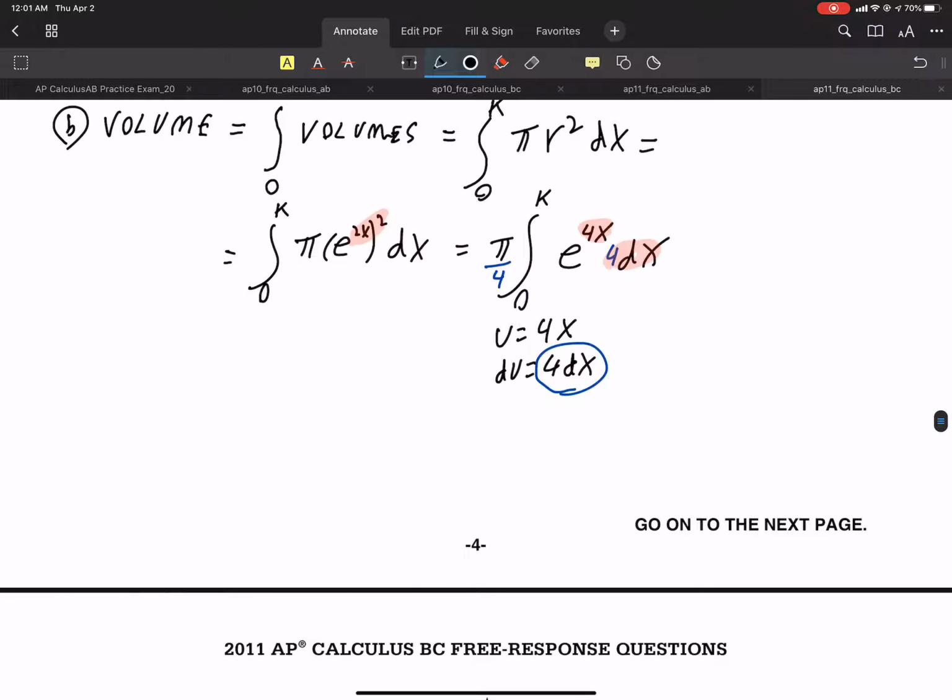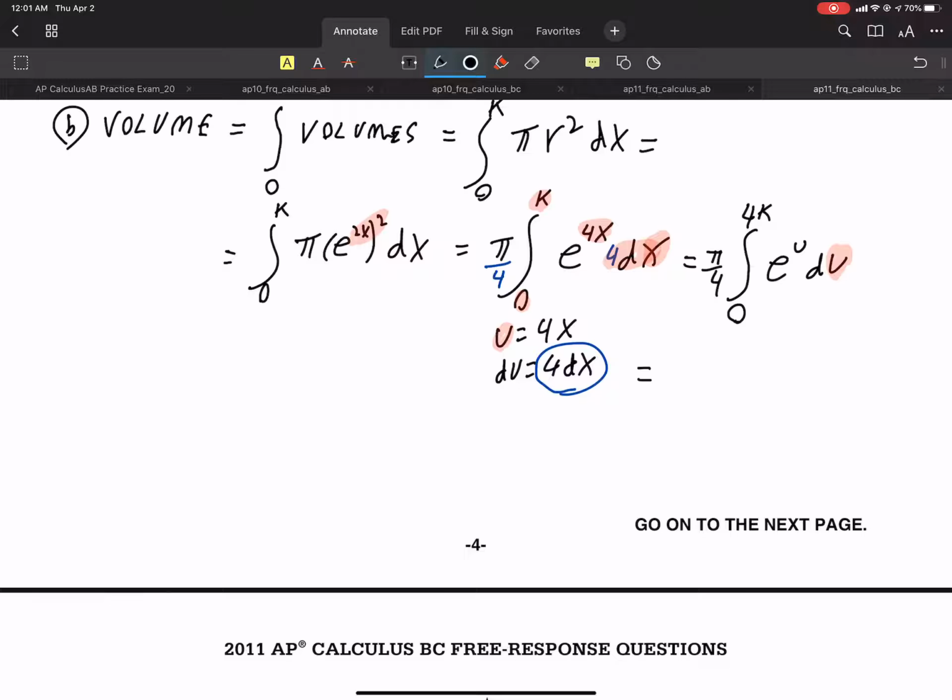So this becomes e to the u du, but these are x's because our variable is x. We need to change them to u's, so plug in 0 to x, u is 0. Plug in k, u is 4k.